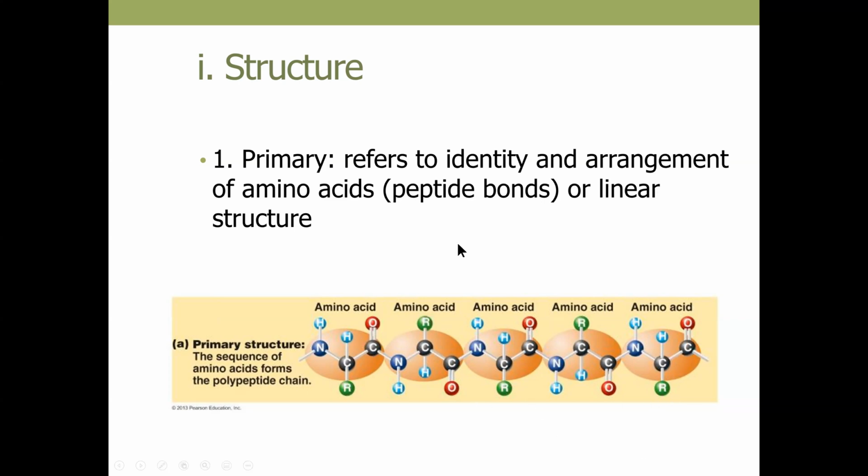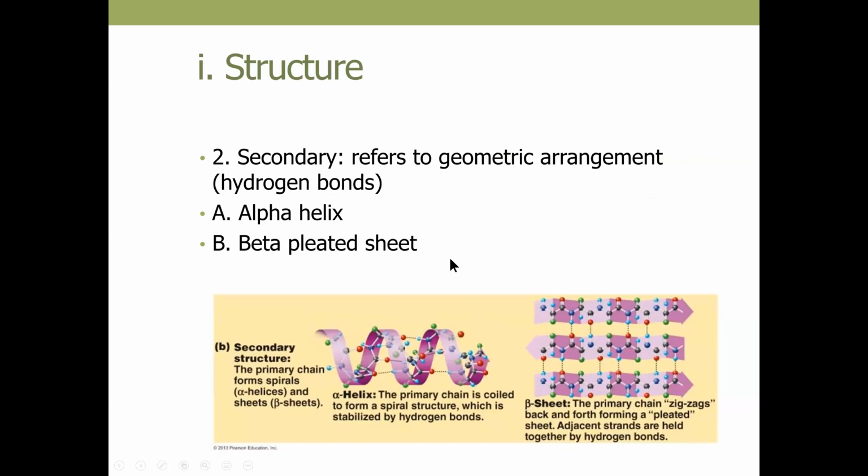Locally in the area, so we're talking about, and I'm making this up, maybe a hydrogen bond between amino acid 1 and 20, and maybe between 25 and 50. We're not talking about a bond between amino acid number 1 and amino acid number 1,000. We're talking about local hydrogen bonds, which result in either an alpha helix or a beta pleated sheet.